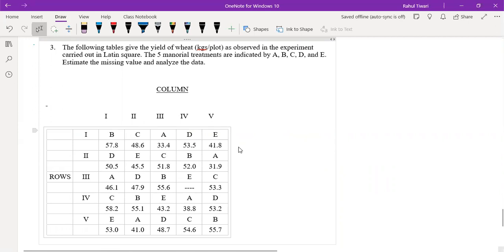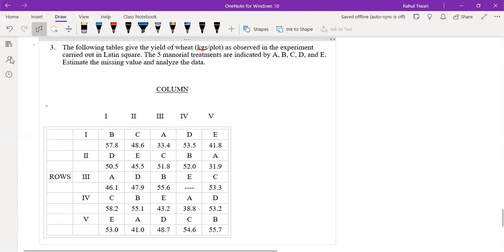So you need to obtain the respective values of row totals, column totals, and treatment totals. Which treatment total is missing here? E, right? So based on E, you have to add all the E treatments.